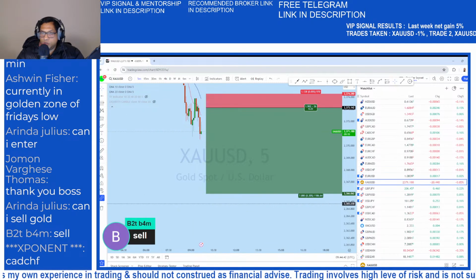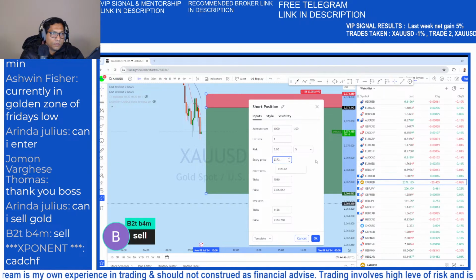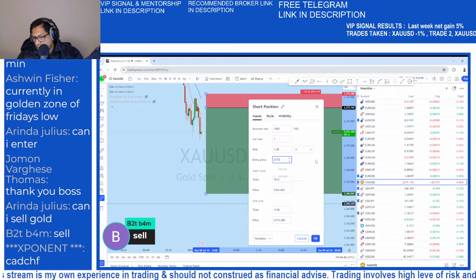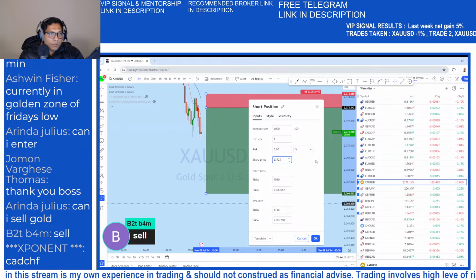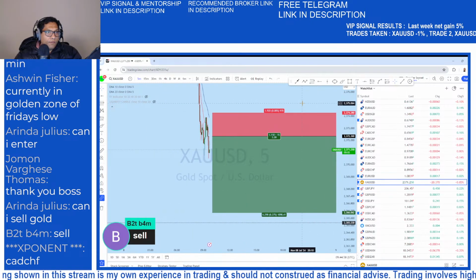Price 7237.2.63. So this is the trade, 3 to 1.